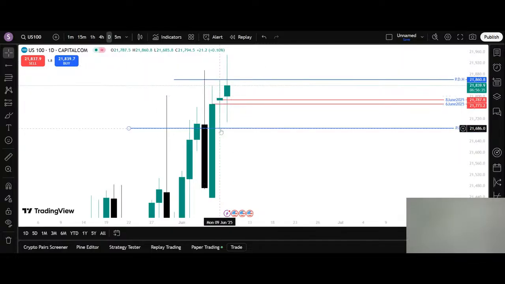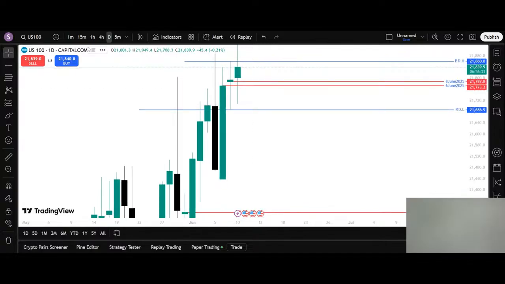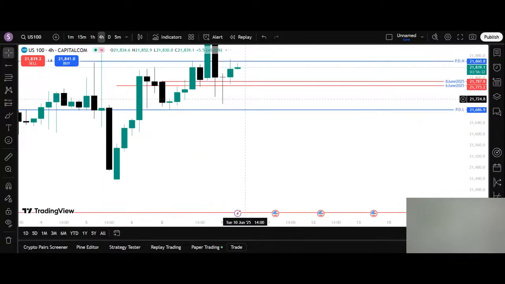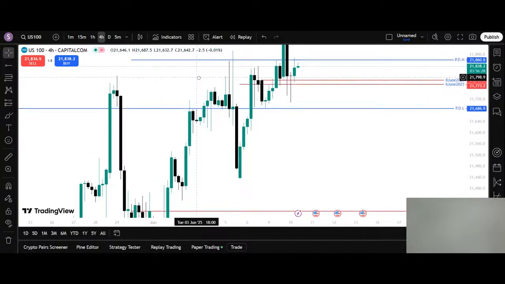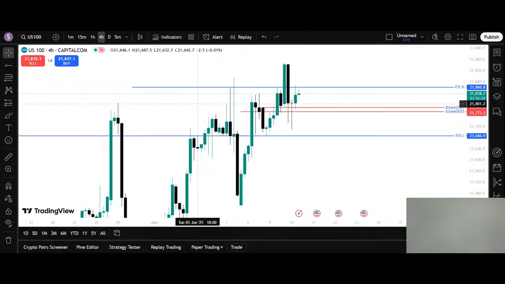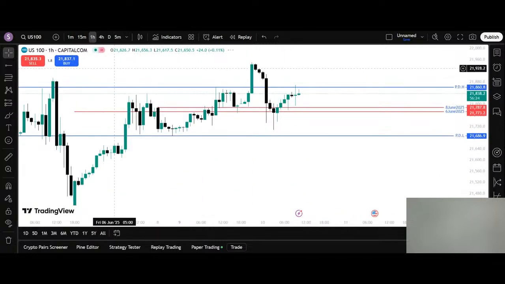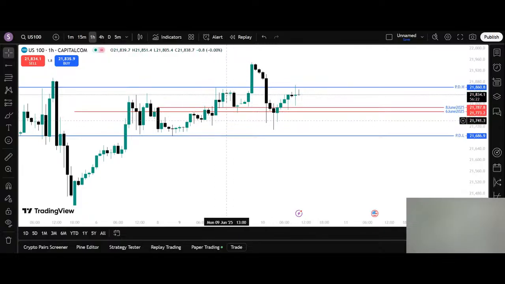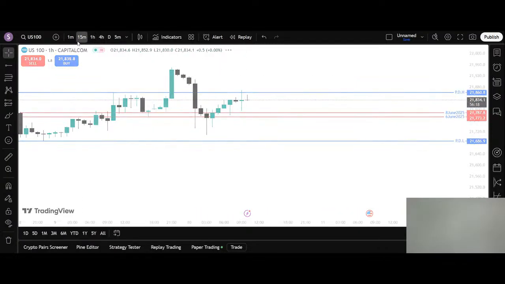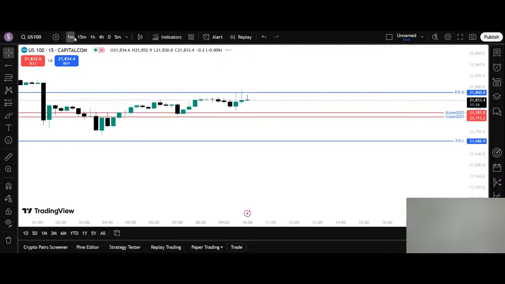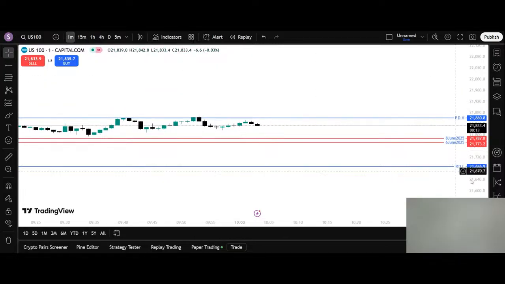Now I think it should be going down, but also it could be going up. Kind of indecision right now. So it's best just to wait it out until you find a really good setup with a tight SL and a good aura.